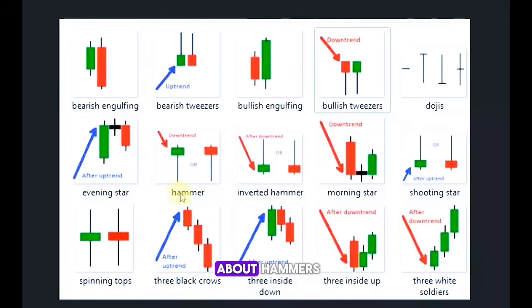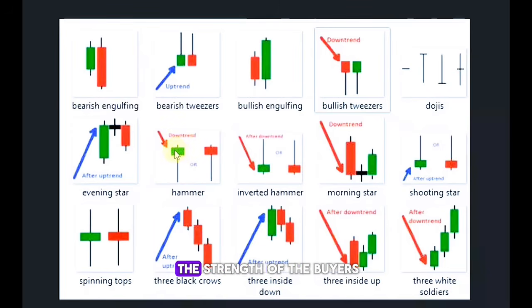Then when we talk about hammers, look at this particular candle. It looks like a hammer. So in a downtrend, if this particular candle pattern occurs, it means that the market opened here, and then sellers wanted to continue selling the market, but they became weak because the buyers are coming more into the market, pushing the market to produce a small candle like this, with a small body and a small wick.